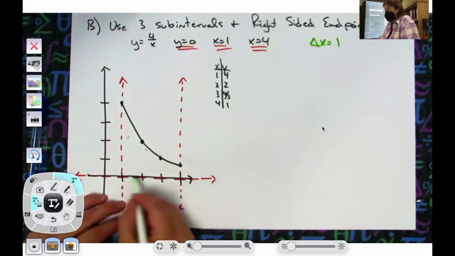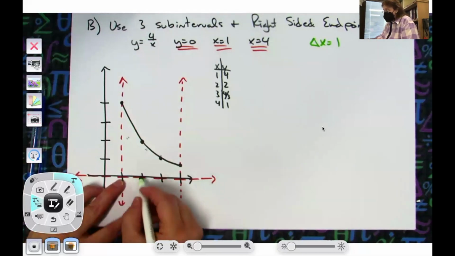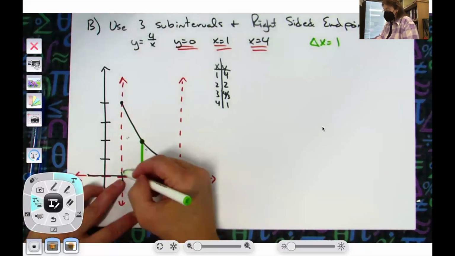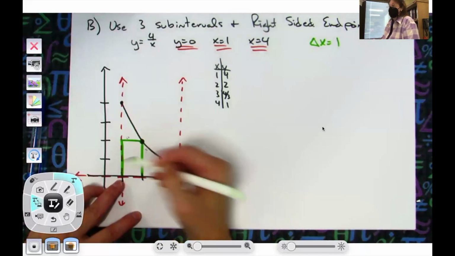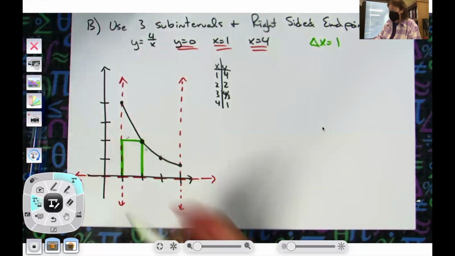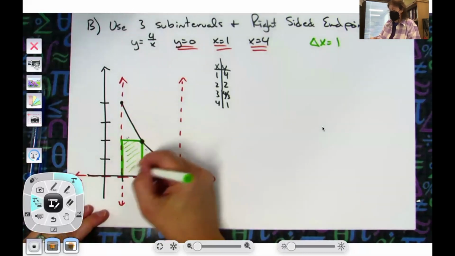So this would be delta x of 1. I come up, I hit the curve, but this first rectangle goes this way. Okay, that's a right-sided endpoint. And again, I could fill that in right there.